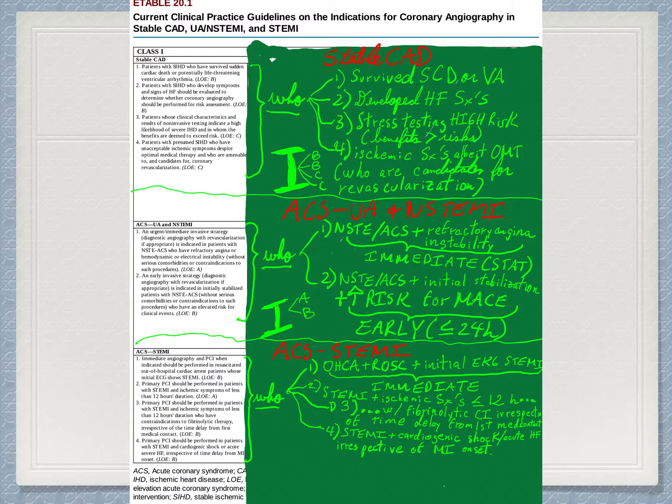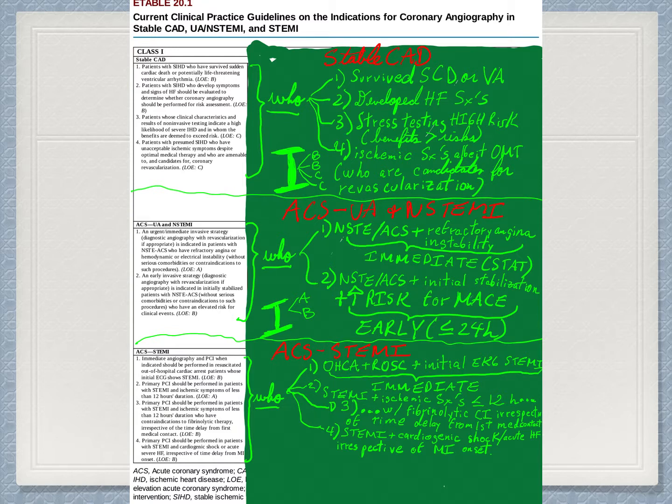Now, in the context of acute coronary syndrome, unstable angina or NSTEMI: number 1, if these patients have refractory angina or instability, whichever of the two, you should take the patient to a cath lab immediately. Stat, right now, no question about it.